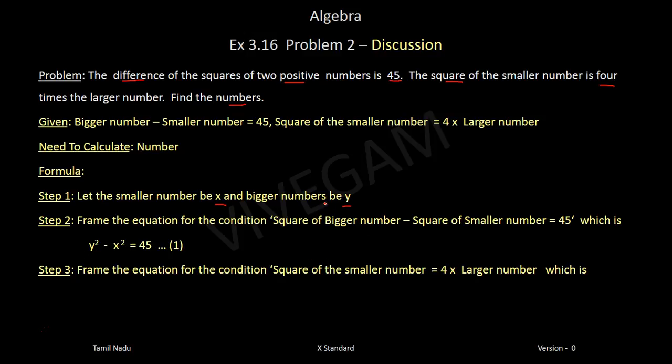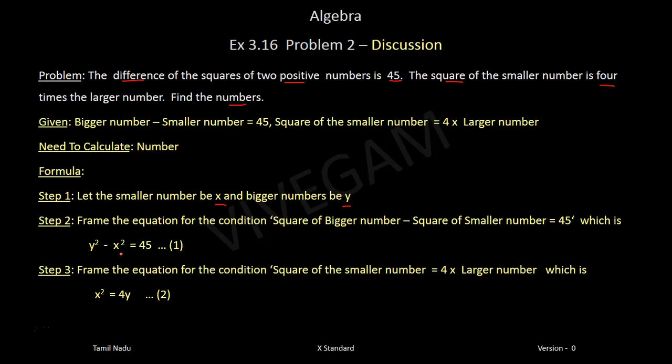The larger number is y, so 4 times the larger number is 4 into y. So x square will be equal to 4y. Write the equation partly in English, partly using mathematical symbols, and then slowly put the symbols inside and frame the equation. Now we have two equations.